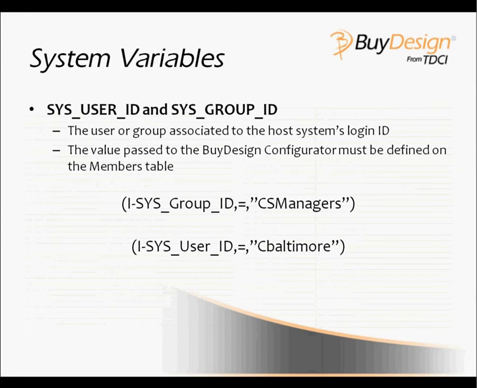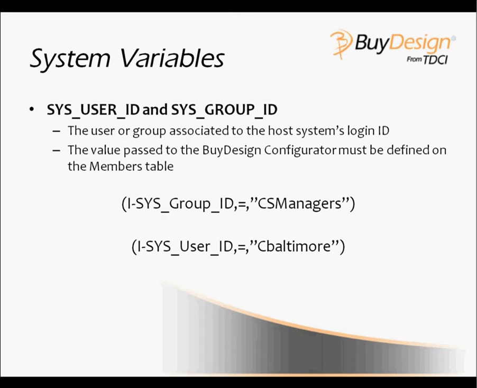All right, I just want to run through and look at a couple of ones that are used more often, so we can understand them. The first two I want to talk about are what we call the system user ID and the system group ID. The user or group IDs are what's going to be associated to your host system login ID.